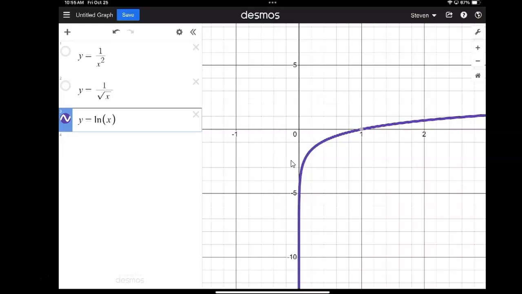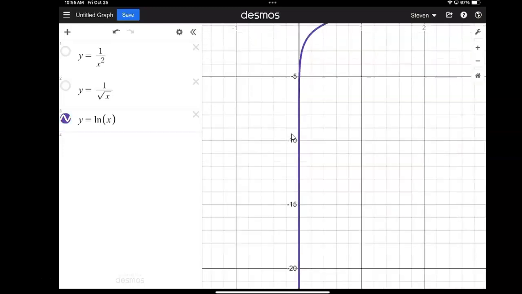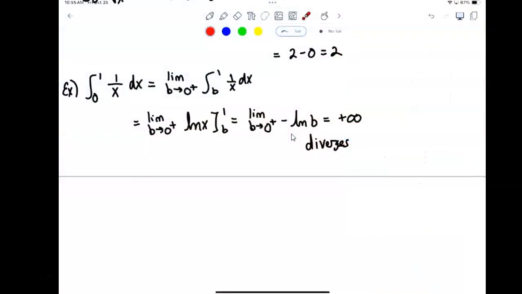You have that asymptote there. It is going down towards minus infinity as we approach zero from above. And so therefore, this integral for 1 over x is also going to diverge.